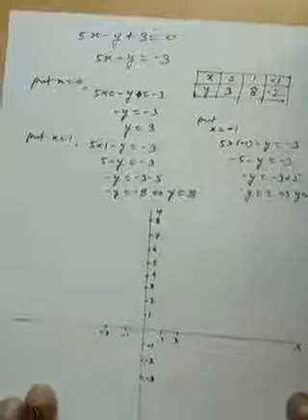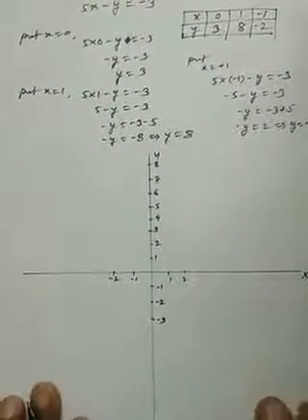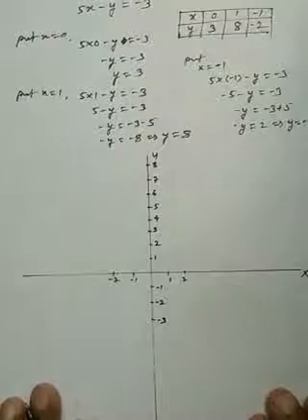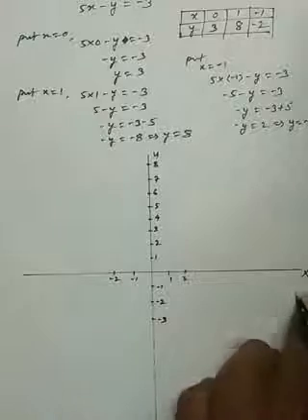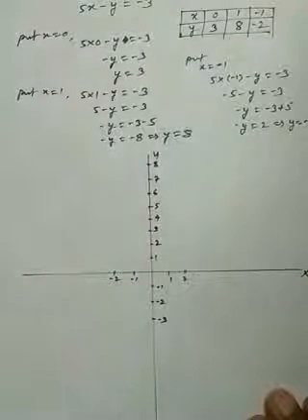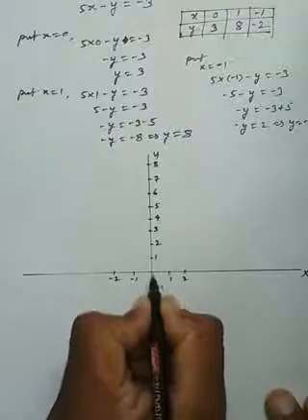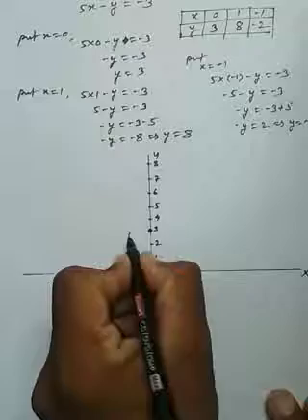Again, plot these solutions on a Cartesian plane. For drawing the Cartesian plane, draw a horizontal line and a vertical line. The horizontal line is called the x-axis and the vertical line is called the y-axis. And plot these points. First point is 0, 3. So x equal to 0 and y equal to 3 is this point.